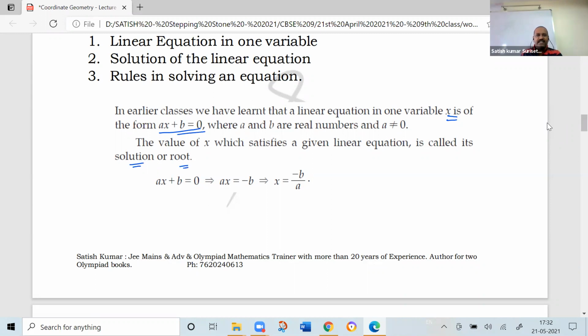To find the solution, take the constant term to the right side, and the sign will get changed. So ax equal to minus b. Dividing with a, because a is not equal to 0, x equals minus b by a, which is the solution of the linear equation.